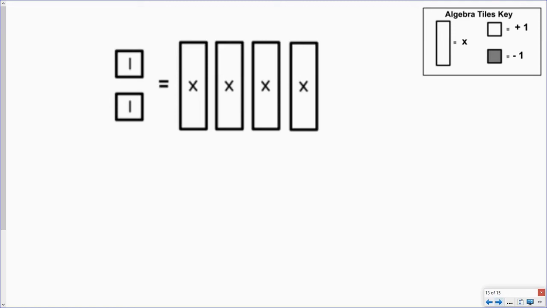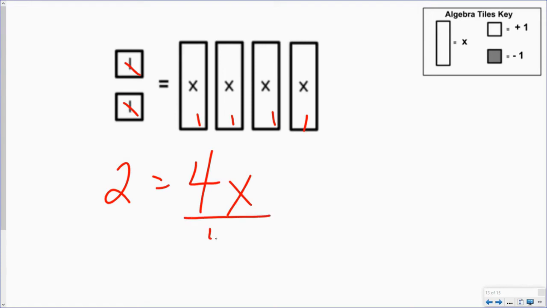On this one, I have 2 equals 1, 2, 3, 4. So I have 4 groups of x, so 4 times x. So again, on this side, I'm going to divide by 4. On this side, I'm going to divide by 4. So 2 divided by 4 is the same as 1/2, because 2 is 1/2 of 4.